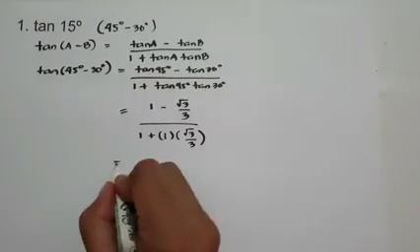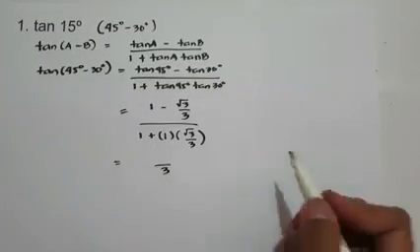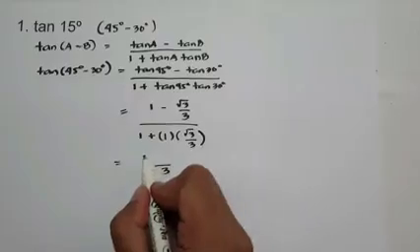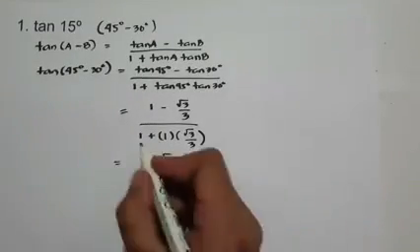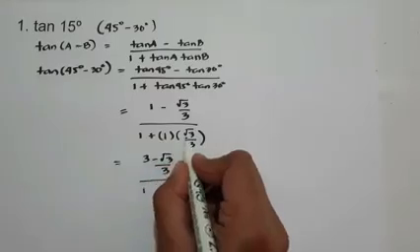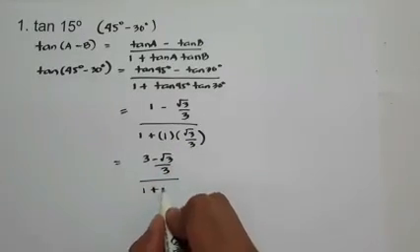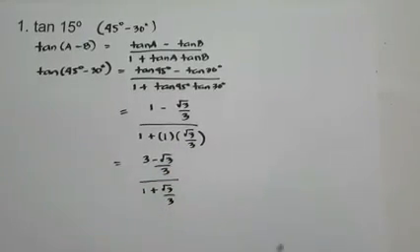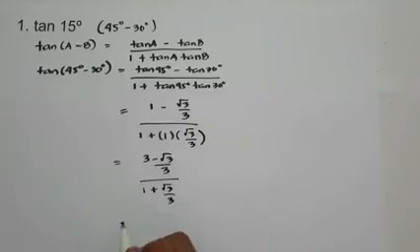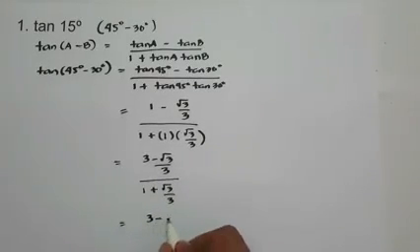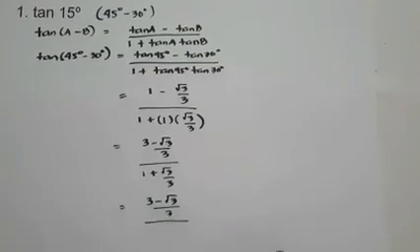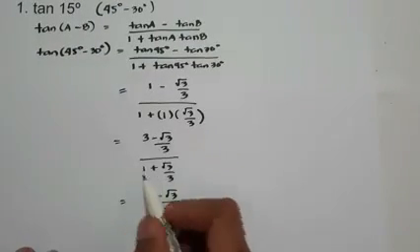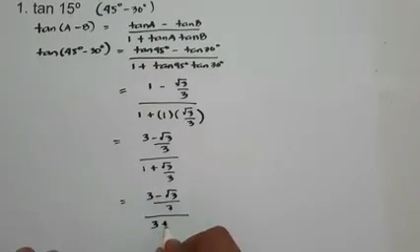So let's have 3 on the denominator. 3 times 1 is 3 minus square root of 3. And then let's have 1 times square root of 3 over 3, that is square root of 3 over 3. So let us write the numerator, that is 3 minus square root of 3 over 3, divided by 3 times 1, that is 3, plus square root of 3 over 3.